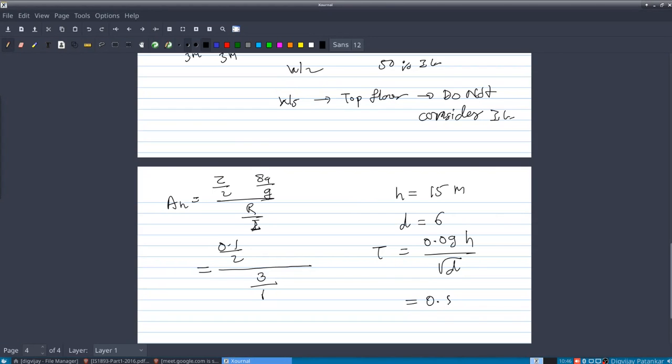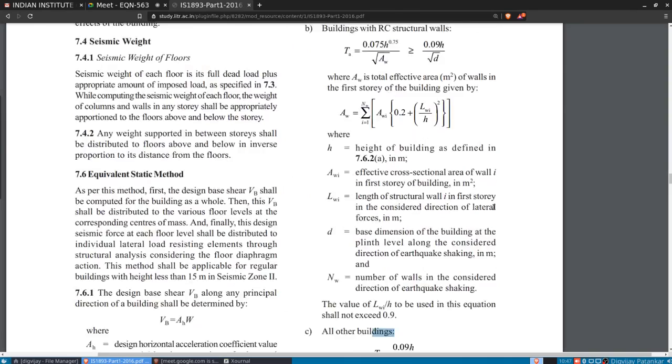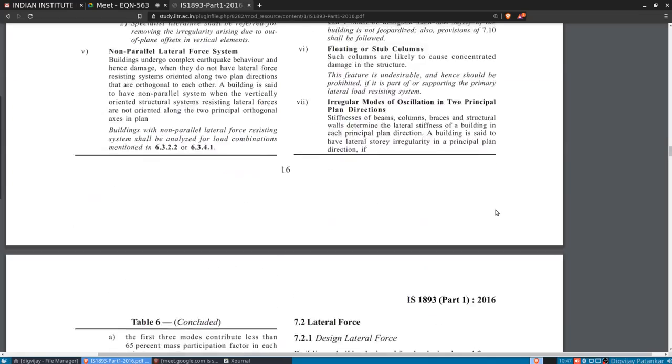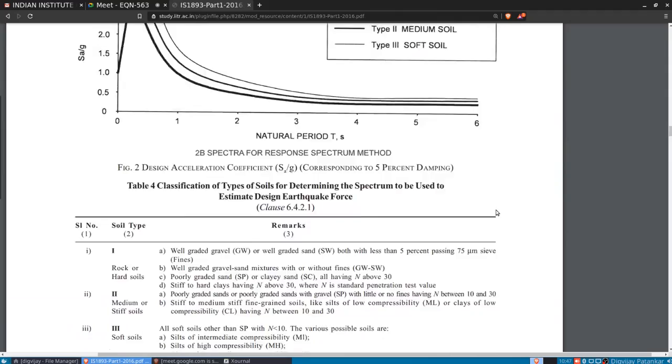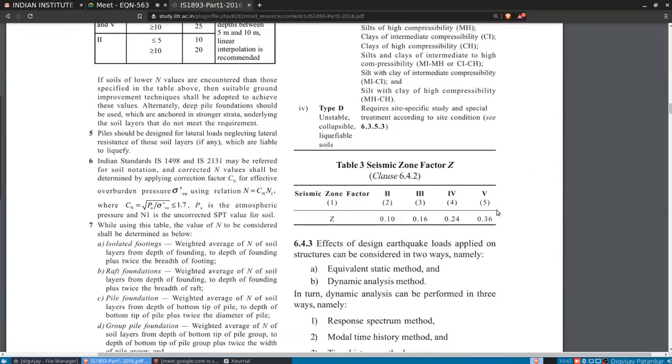Yeah, 0.55 second. So now let us go to these SA by G expressions, and see where it is.